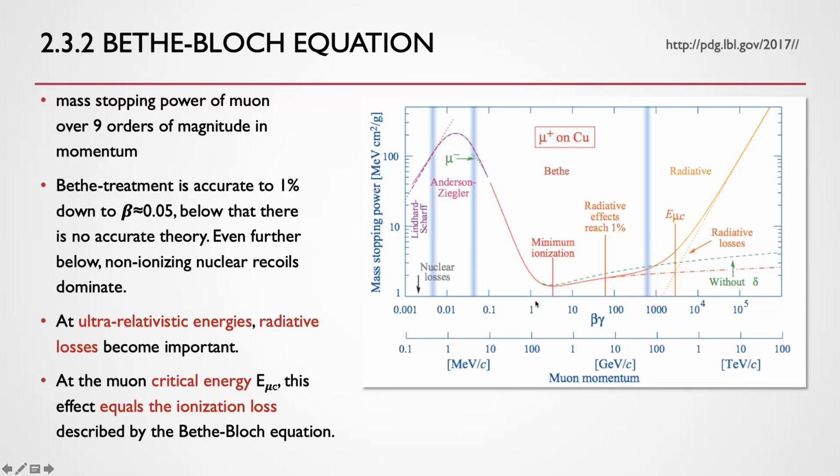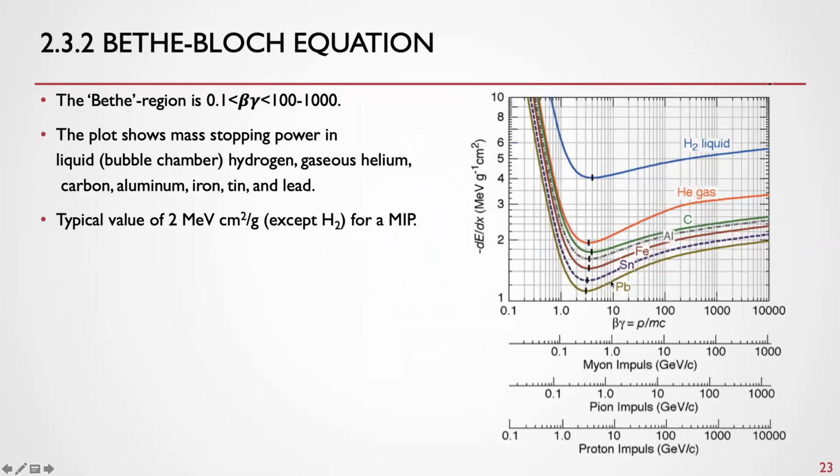The critical energy is defined as the energy of the heavy particle where the radiative losses from Bremsstrahlung equal the ionization loss. So above the critical energy, ionization is a subdominant process, and Bremsstrahlung is more important. But really, the life of a detector physicist is in the Bethe region for the most part.